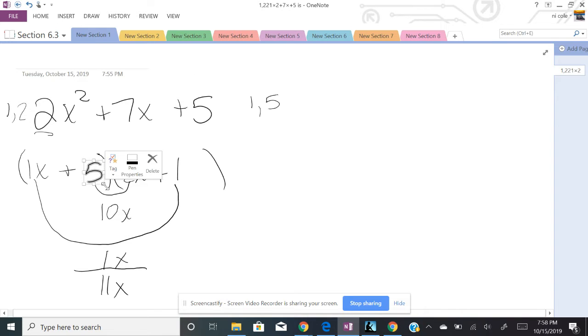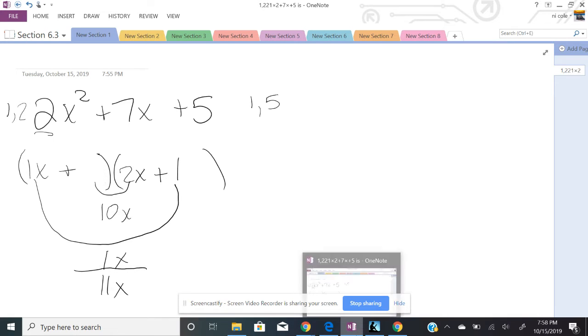The way I'm going to try that again is I'm going to change the position of the 5 and the 1. So I am now going to make this 1 and this 5.